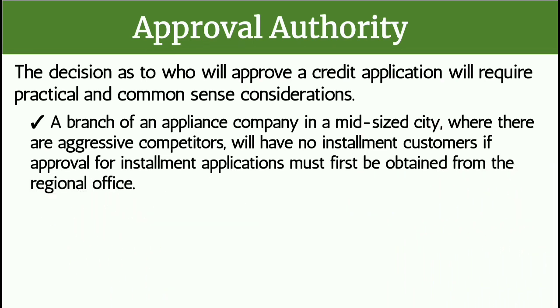Ang ibig sabihin nito, dapat yung approval ay sa branch na mismo gagawin. Hindi na kailangang iakyat pa sa regional office because that would be a time-consuming process. Ang gusto ng mga appliance customers ay yung mga appliance sellers na makakapagbigay sa kanila ng quick response.